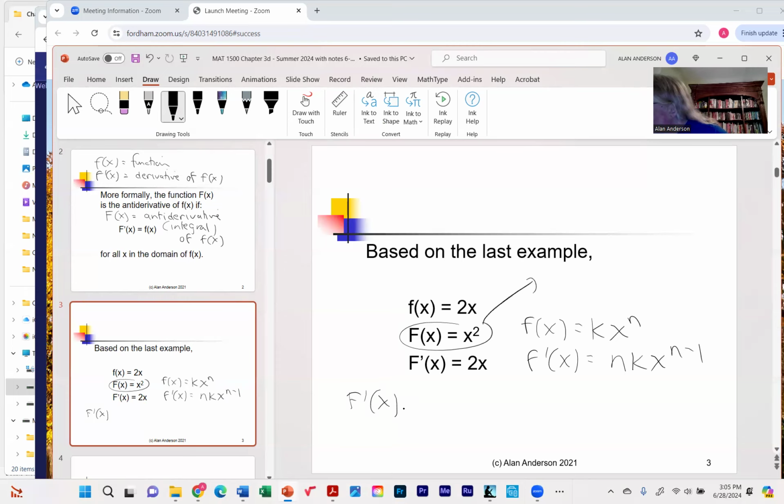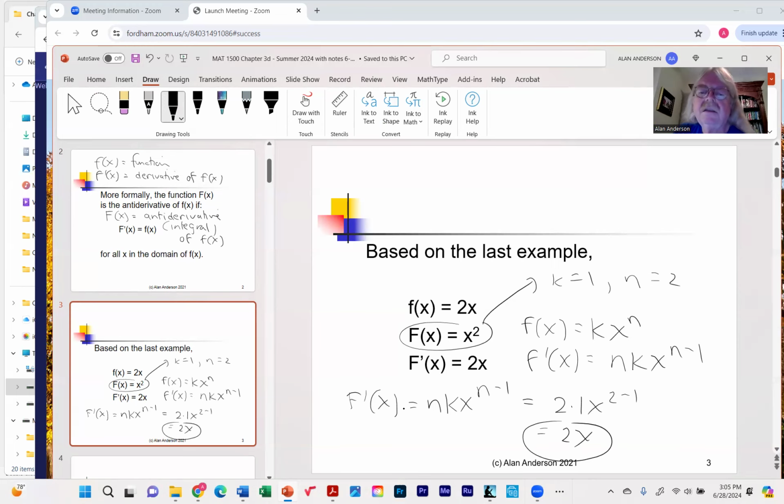So here in this case, k is 1, n is 2. So capital F prime of x, I should say, is nk x to the n minus 1, which leaves us with 2 times 1 times x to the 2 minus 1, which is 2x.